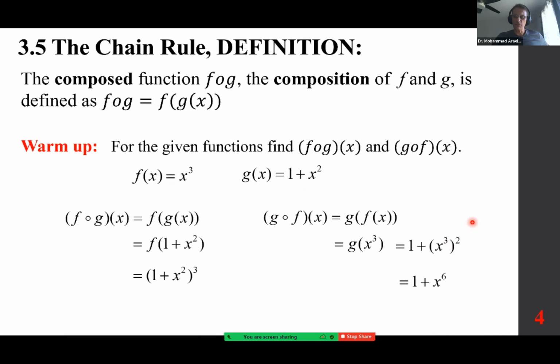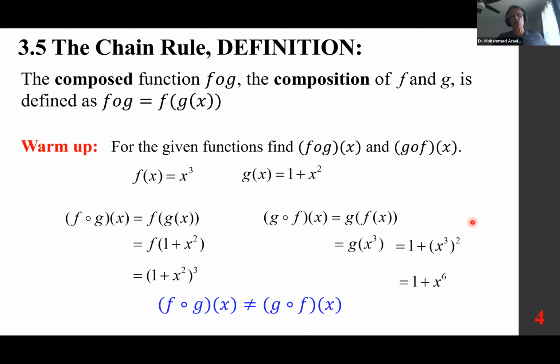And as you can see, f of g is not equal to g of f. In general, f of g and g of f are not equal. When would they be equal? Anybody know when f of g would be equal to g of f?